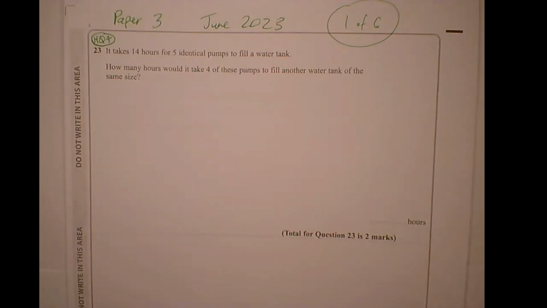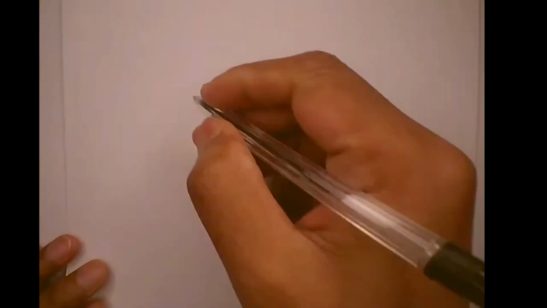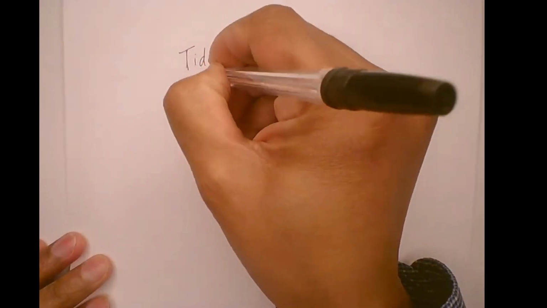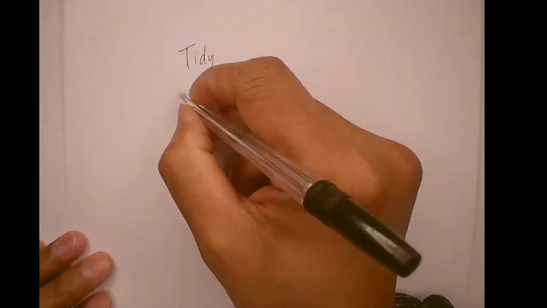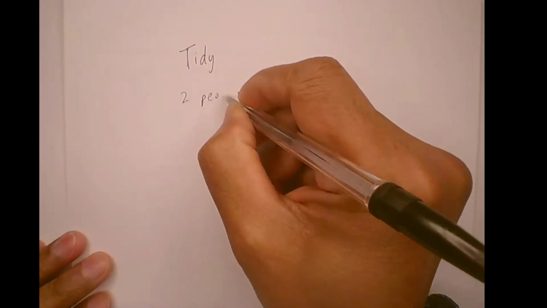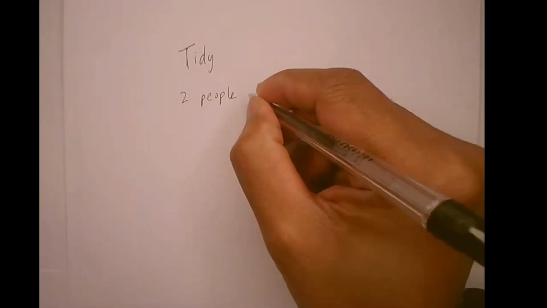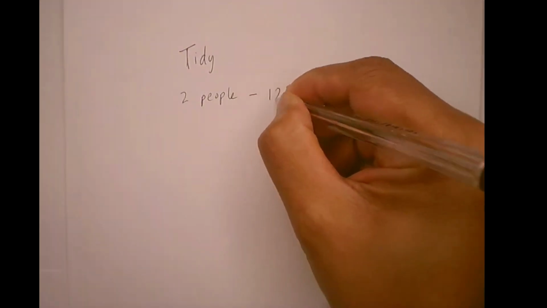Now, the first thing to touch on is understanding inverse proportion. The example I give in the classroom is, imagine you are tidying your room, and there's 2 people who tidy your room. It takes 12 hours for both of you to tidy the room.